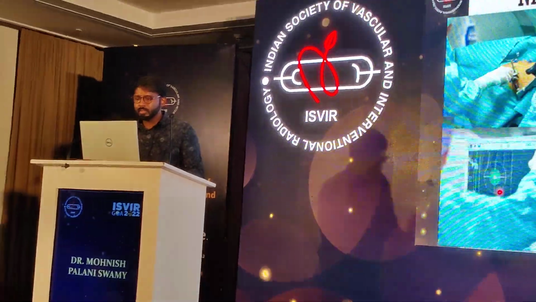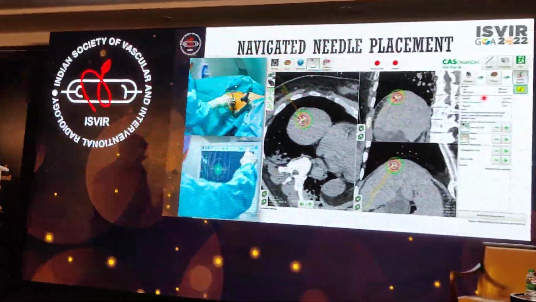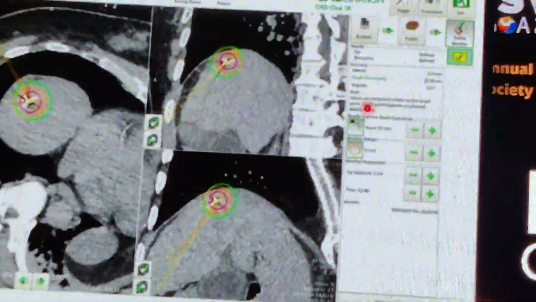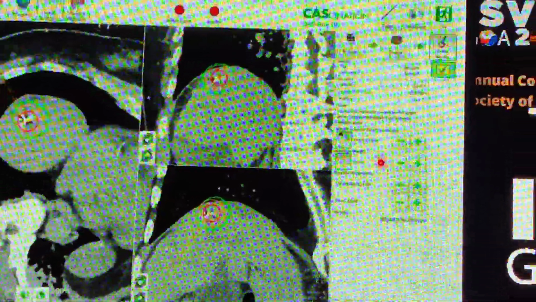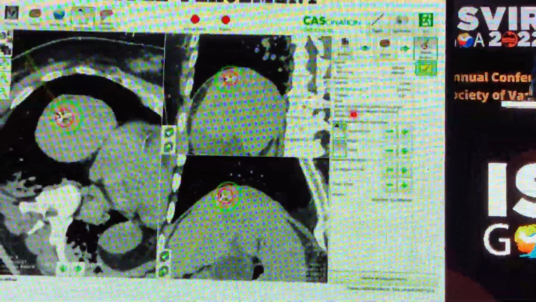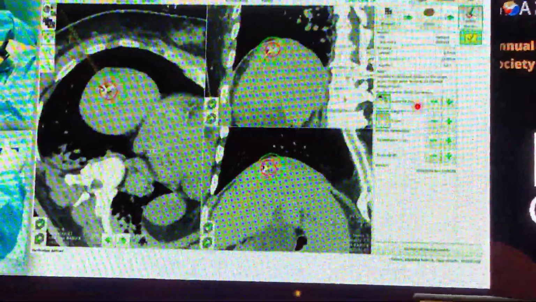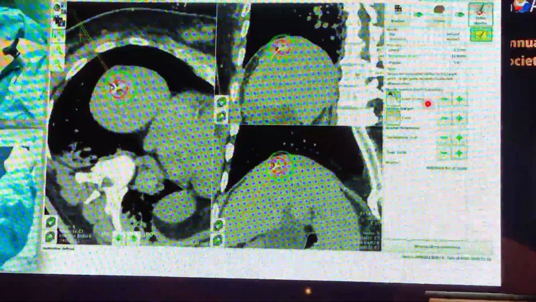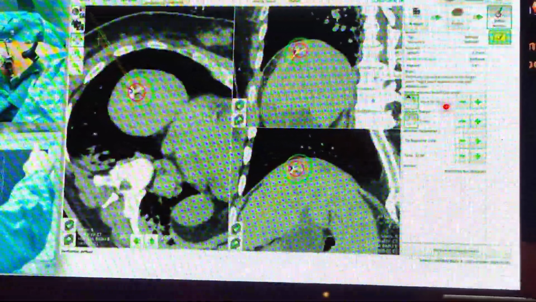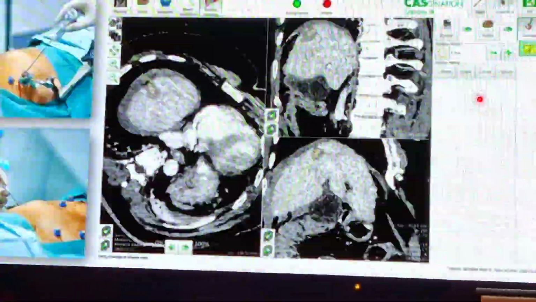So here you can see that there are a lot of features which come with it, like it can tell us whether to push the needle. For example, it can tell you that 30 millimeters remain before you can push the needle as well.